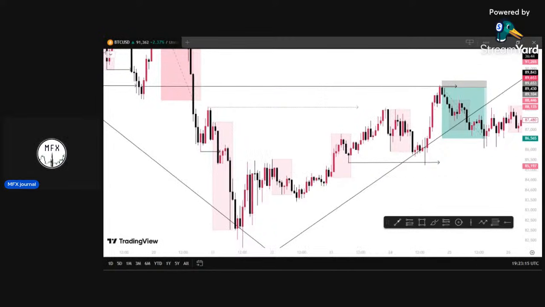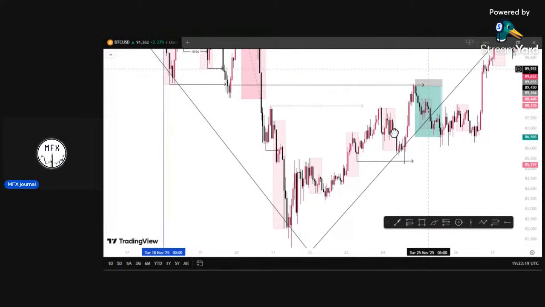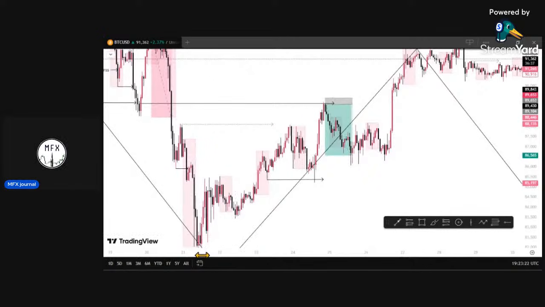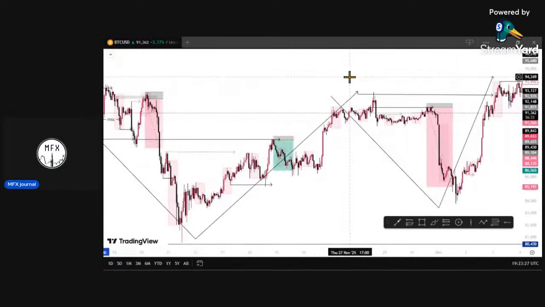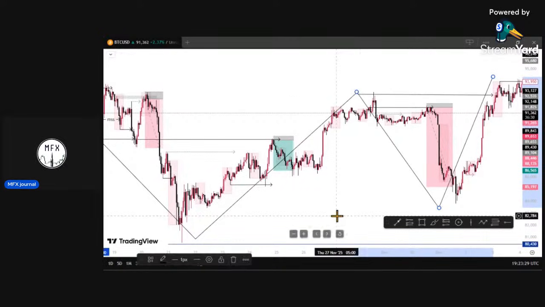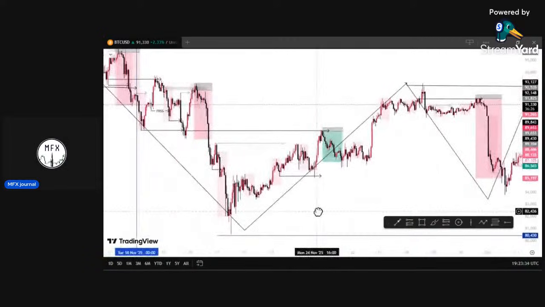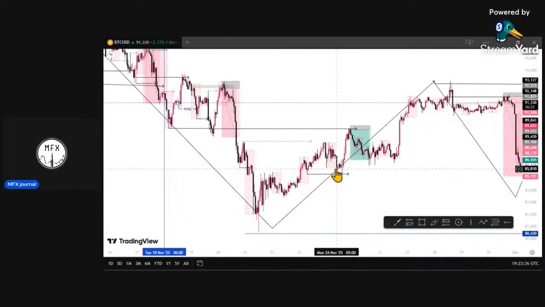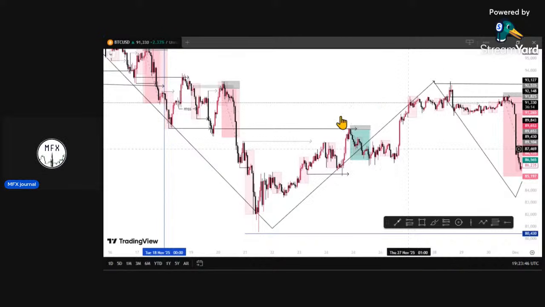I told you that this whole move is a huge retracement that is happening, from here to this high right here. When price is retracing, note that it is going to a place where price has built liquidity, a place with much liquidity.